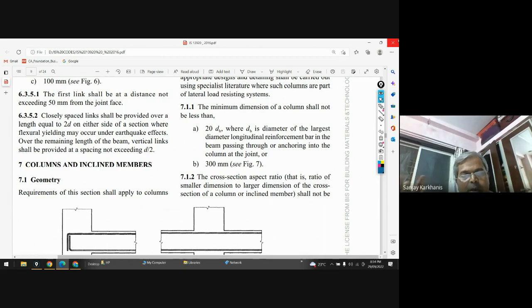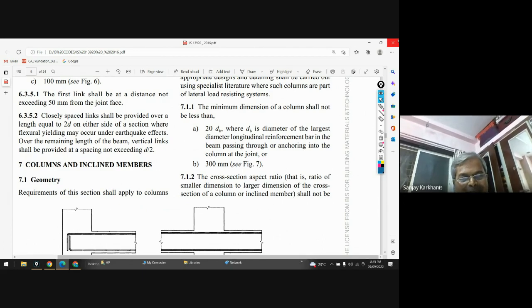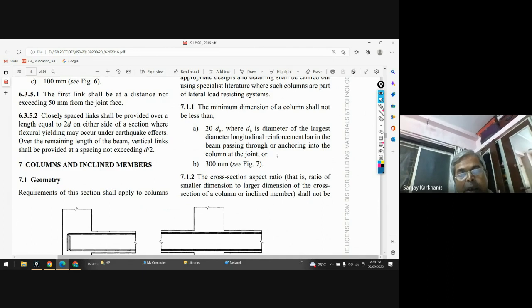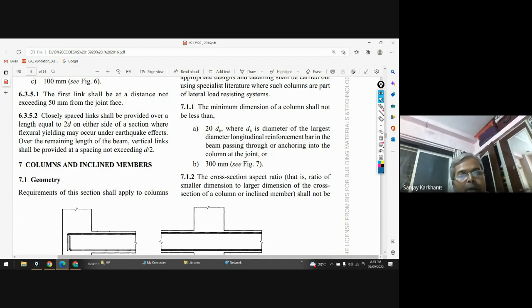Just like for strength criteria, you may need depth of the slab something around 100, but serviceability criteria says that the depth of slab shall not be less than 125. Just the same way, the ductile detailing criteria, if you want to follow it correctly, then the minimum dimension of column shall not be less than 20 times diameter of bar.